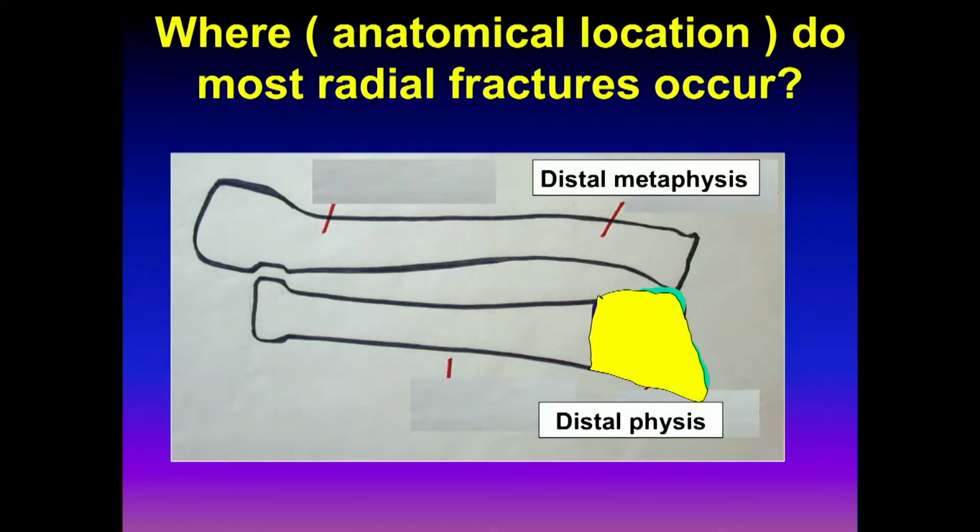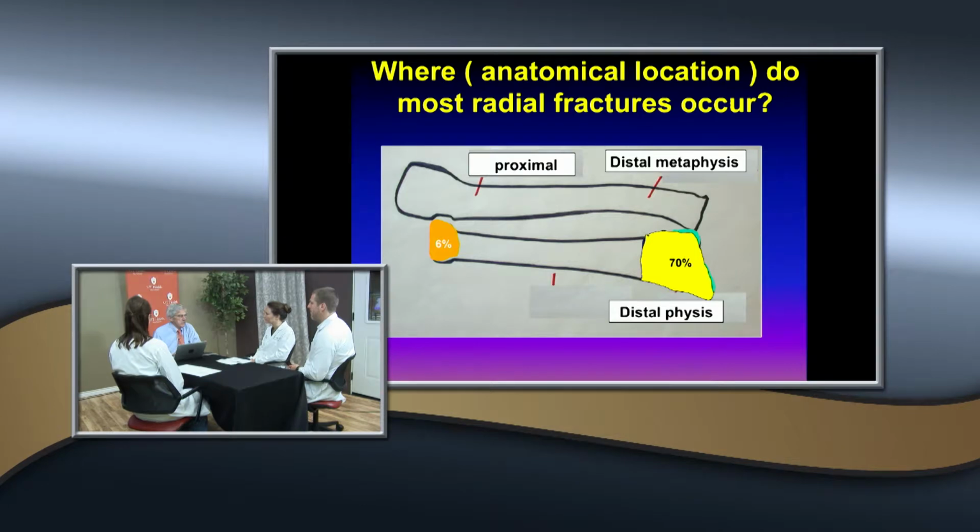So that means that 70% of the fractures you see in children occur either in the metaphysis or the physis. And proximal, how often do you see fractures in children? Not as often. It's pretty rare, about 6%, and we'll have a whole discussion on that.